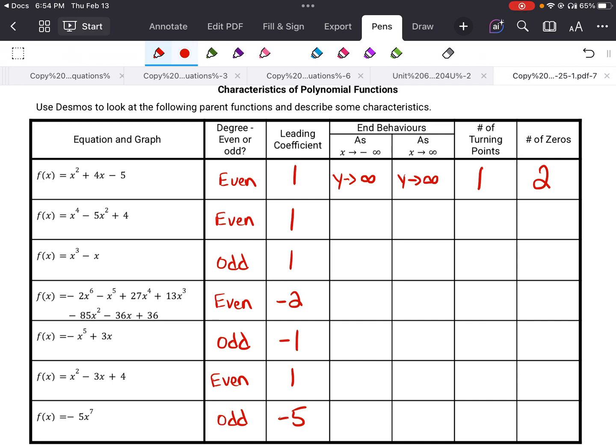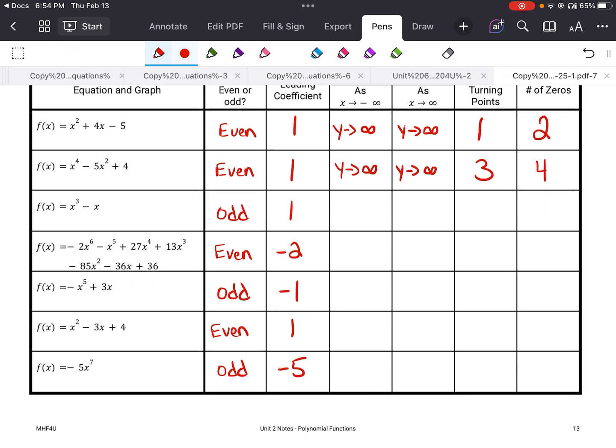Okay, next one, an even degree. So that means the arrows are facing the same way again. It's a degree of 4, so there are 3 possible turning points and 4 possible zeros.